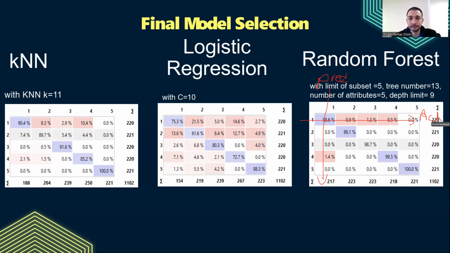Right? Yes. So in your prediction, 1.4% is confused with fourth class, and the rest are correctly predicted. Am I right? That was the question. Berkay and Furkan, you are right.